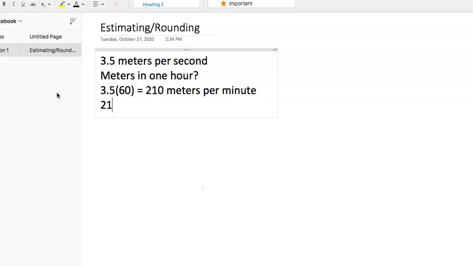Okay, and then we just do that one more time. 60 minutes in an hour, 210 times 60, and that'll get us to 12,600 meters. That's it. Okay, so the first one required a little bit more than the second one, but both of these are two of really the most common estimating or rounding type questions that you're going to see on the test.